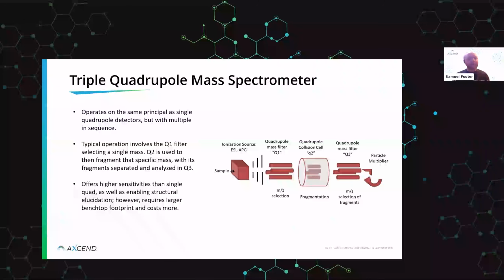And based on that fragmentation pattern, you can analyze it with a second, or in this case, Q3 mass filter, which will give you the M/Zs of those fragmented sections. This offers higher sensitivity typically, and it also offers some structural elucidation based on the fragmentation patterns. It does often cost more and requires a larger benchtop footprint, so it is a pro and con there.